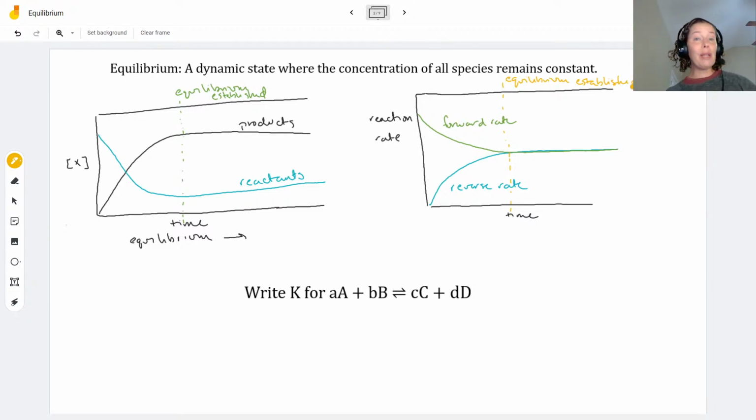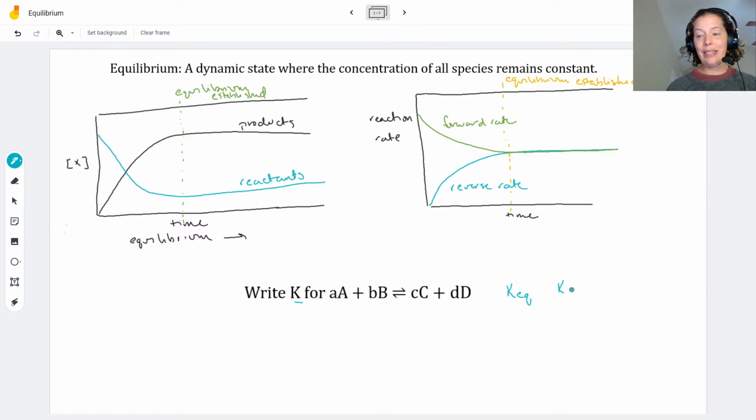This is how experimentally we find when equilibrium has been established. So now we're going to start moving into the equilibrium expression and K, how we write K, and then how we do our calculations. K is a constant, an equilibrium constant. Sometimes you will see K written as Keq, the equilibrium constant.